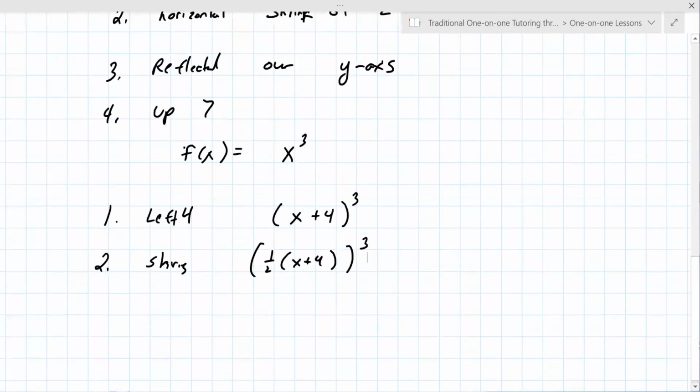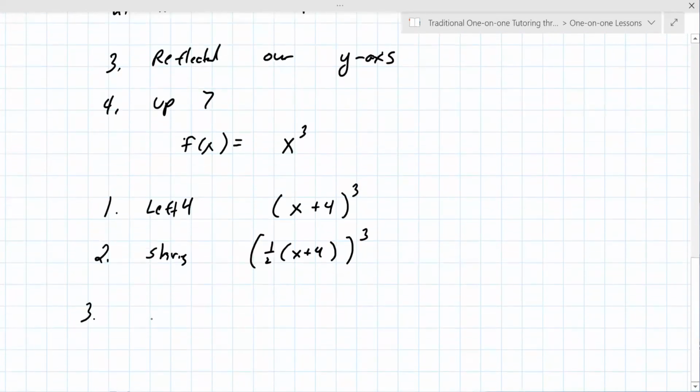Okay. So then the horizontal reflection, we put a negative inside parentheses again. Okay. And then the last one is up 7.